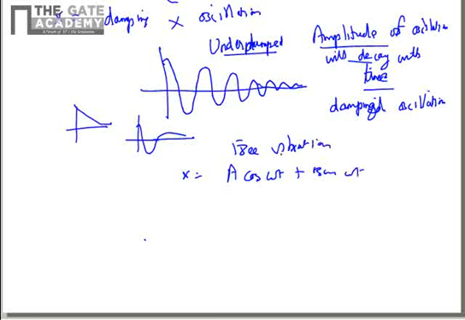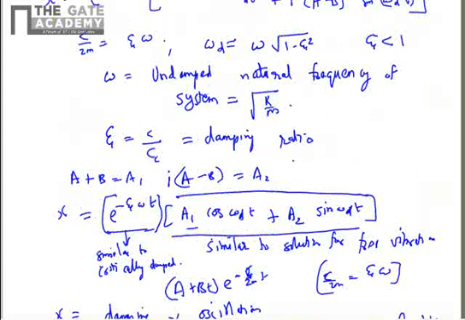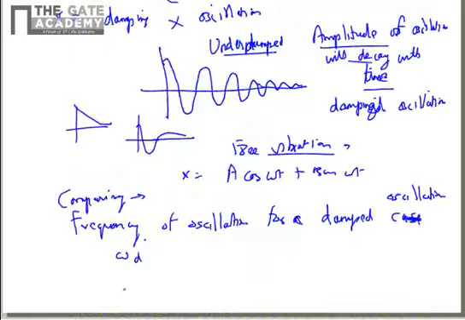Comparing with that, you get the frequency of oscillations for the damped case, the underdamped case. So the frequency of damped oscillation is equal to omega d, which you can see by comparing with the original equation. There it was omega, the natural frequency. Here it is omega d, the damped frequency.